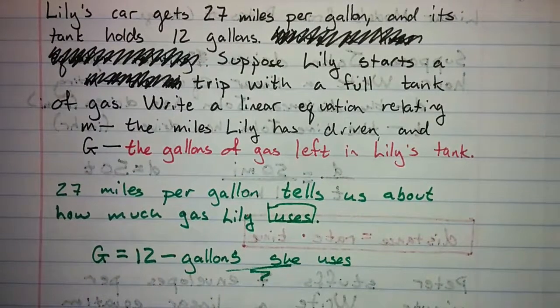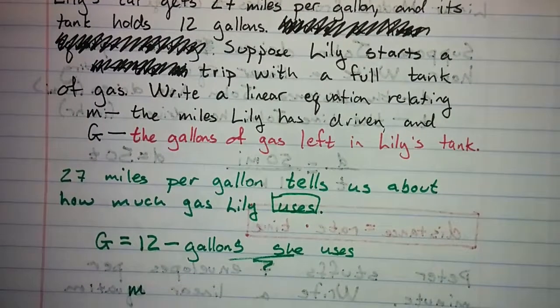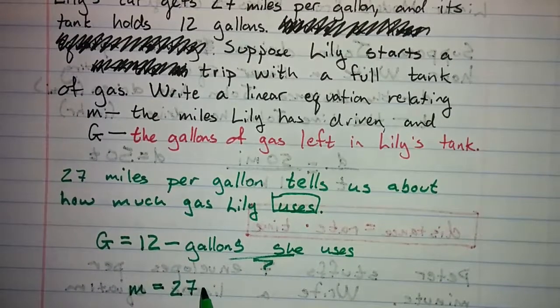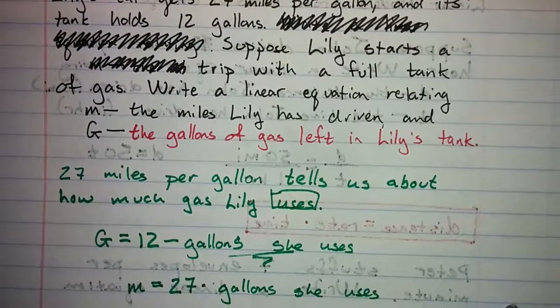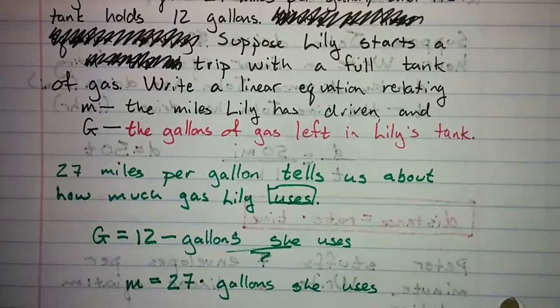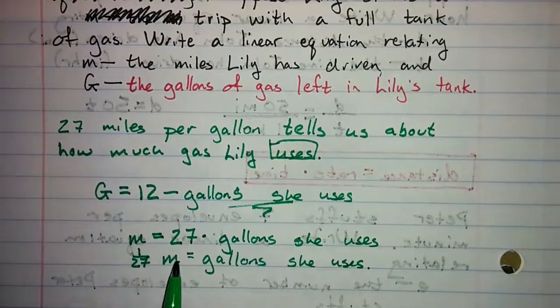Now we can go back to that proportion. We know that the miles she drives will be her miles per gallon times the gallons she uses. 27 times the gallons she uses gives us M. We could divide both sides of this by 27 if we'd like. 1/27th of the number of miles she's driven will be the number of gallons she uses.